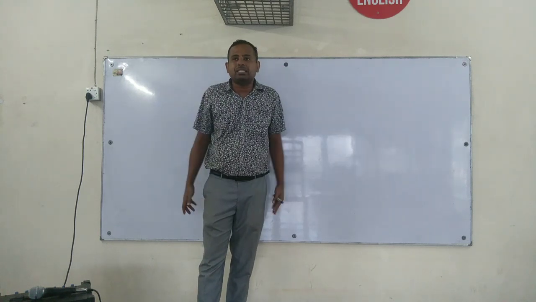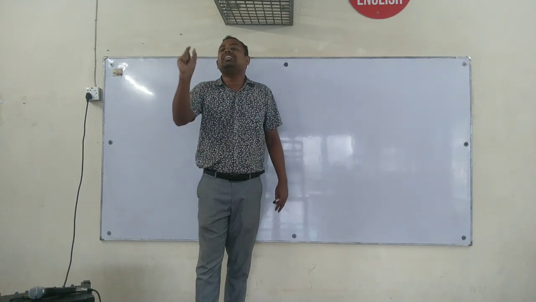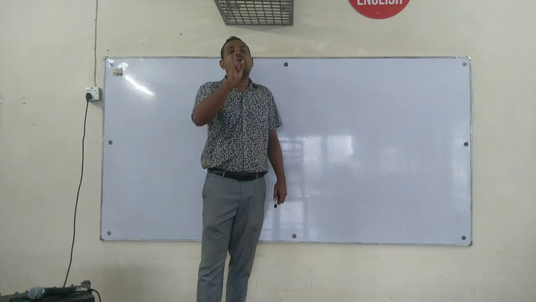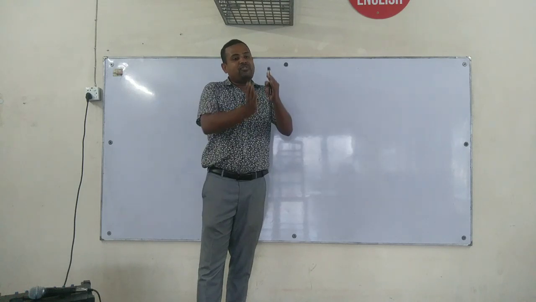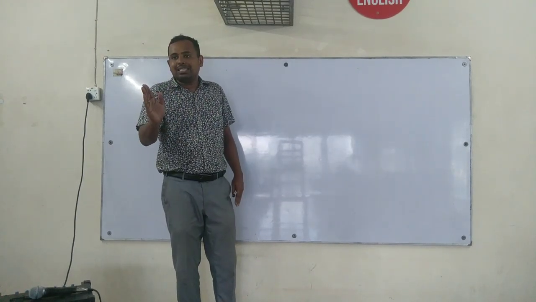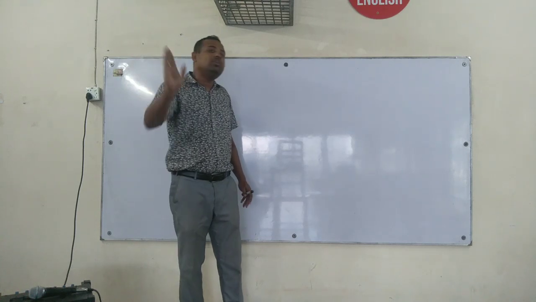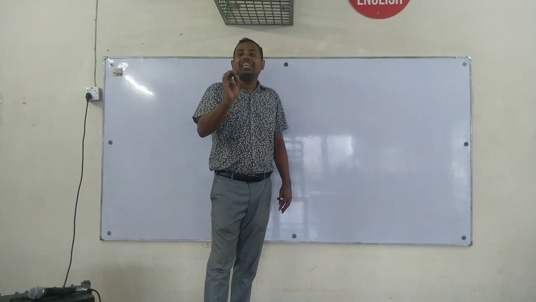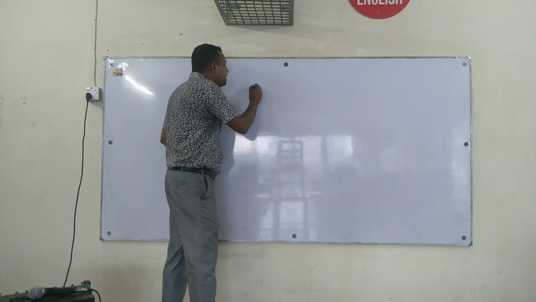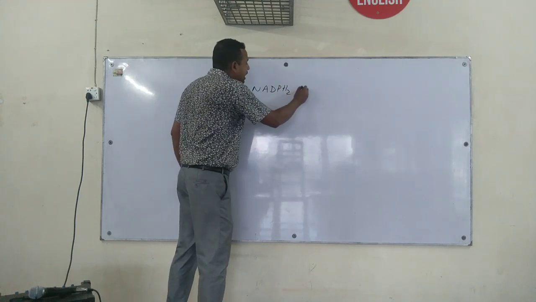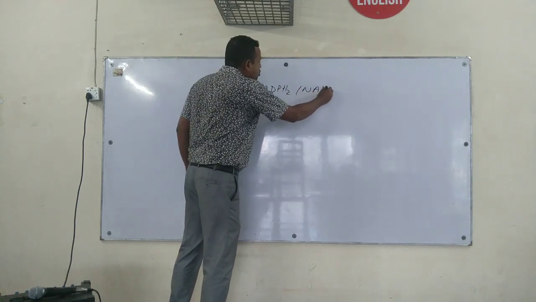The total capacity from one glucose is 38 ATP. From how many molecules of glucose is 38 ATP produced? One molecule of glucose. But in the first two stages, glycolysis and acetyl-CoA including Krebs, some reduced NADH2 and FADH2 are produced.